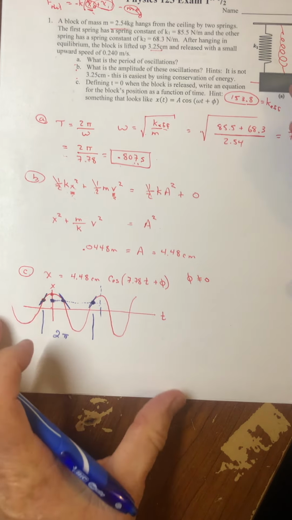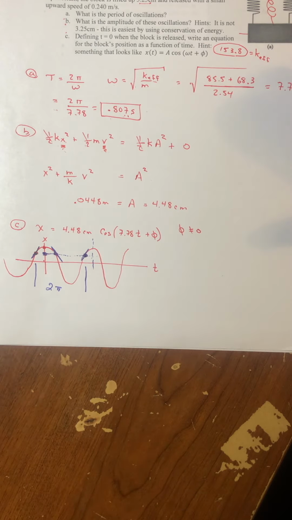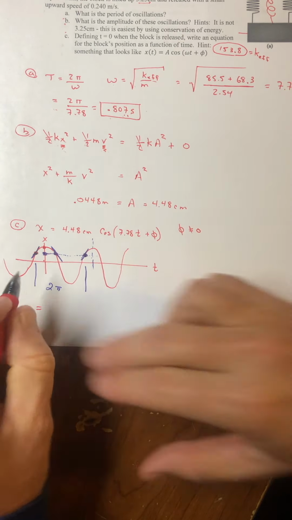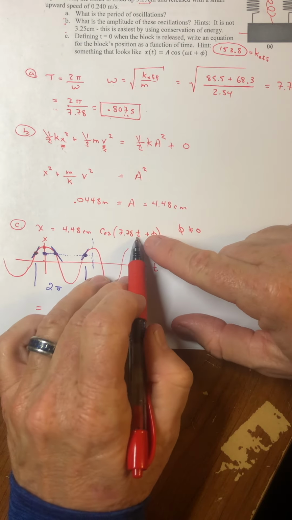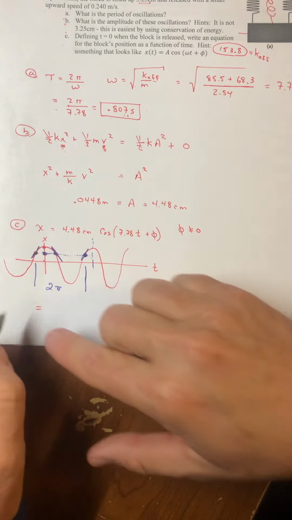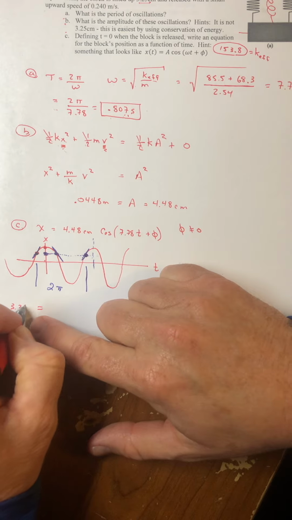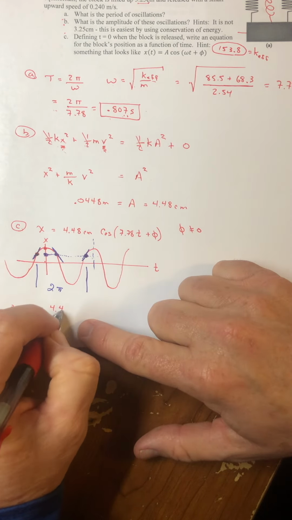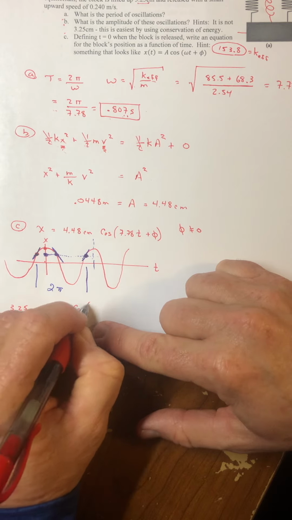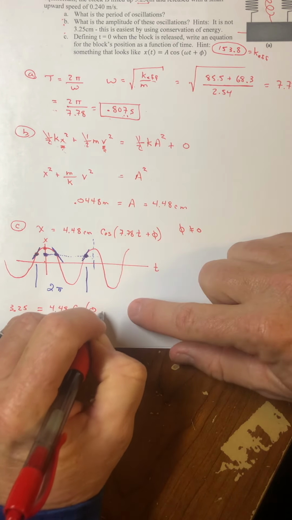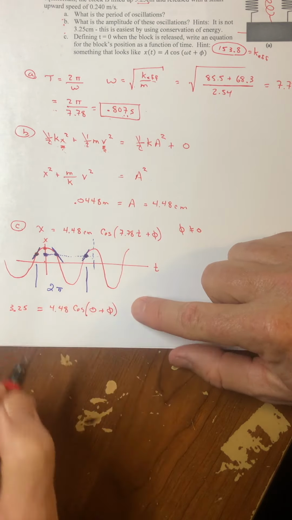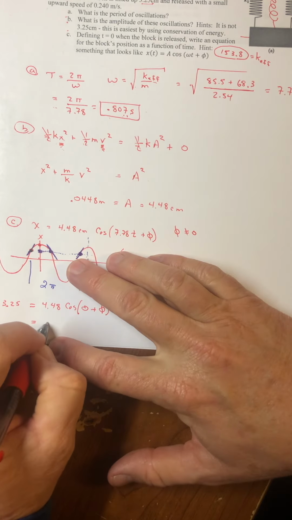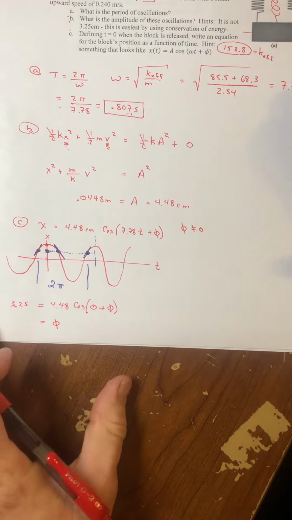So let's do the calculation, and maybe the easiest thing to do is to write out the equation at time equals 0, because we know its position is 3.25. So there's the position. And I'll repeat the amplitude when time is 0. And that's a perfect equation since the only unknown now is phi.